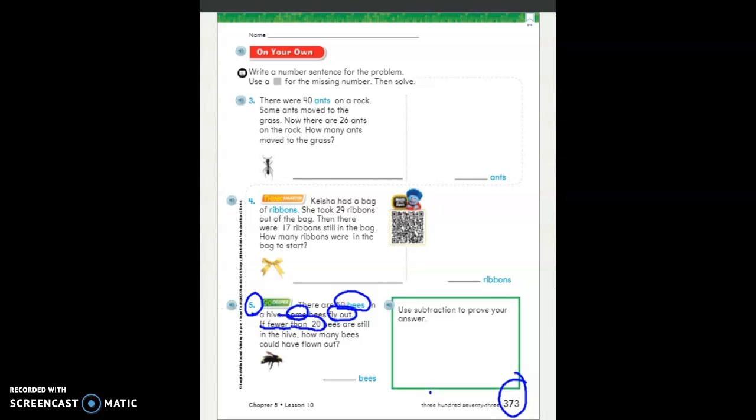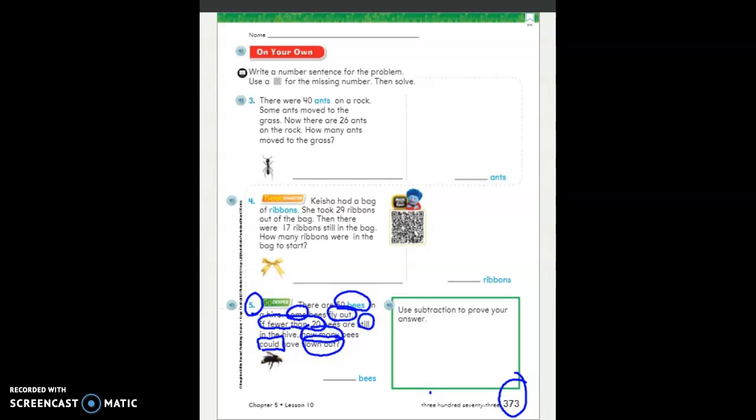So if fewer than 20, that means it has to be less than 20, are still in the hive. So if fewer than 20 are still in the hive, how many bees could have flown out? It's tricky the way this is worded. So how many flew out? But it says could. That means there's more than one answer.